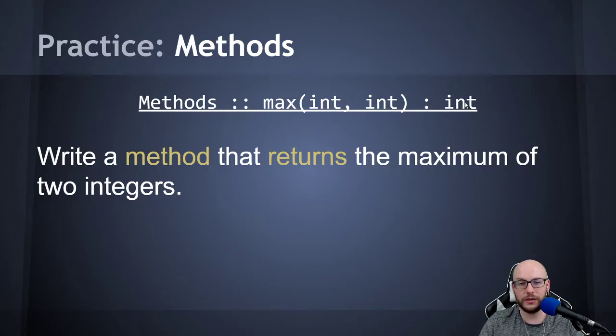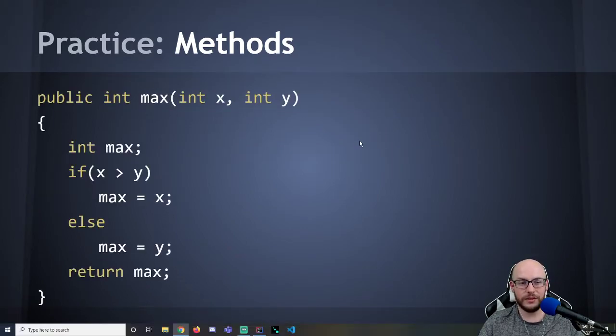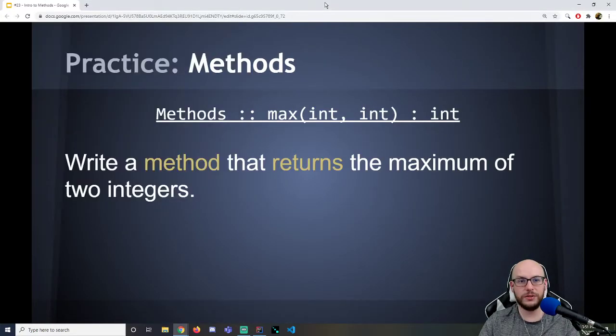It'll return a single integer. And the last thing that this method signature is indicating, this underline indicates that it's static. Don't worry about that. Just know that the line indicates that it's static. You don't need to know what static means yet. Okay? Oh, there's technically our solution. So let's write that.